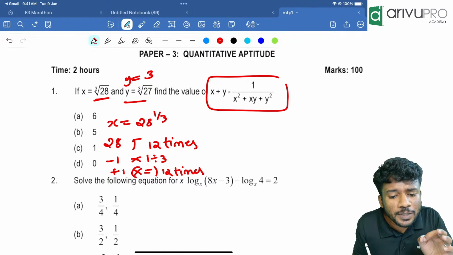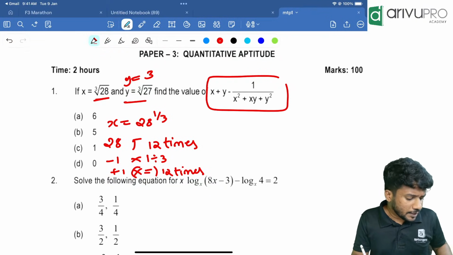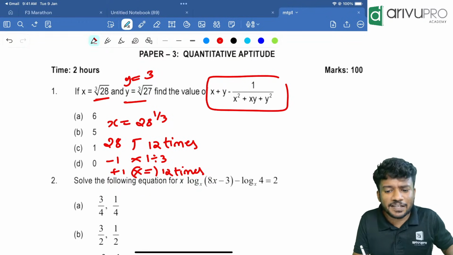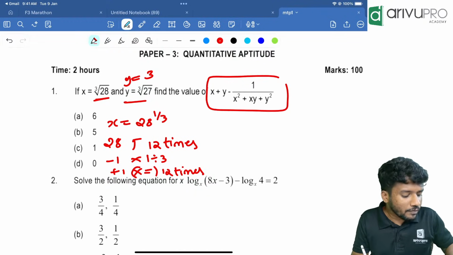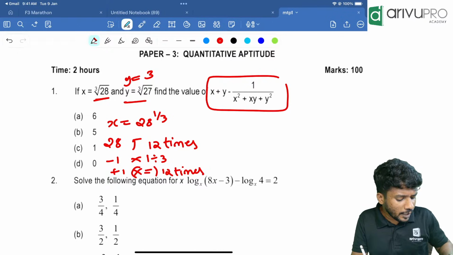When you click into equal to 12 times, you will get it. I'll take the calculator: 28, click root, how many times? 12 times. 1, 2, 3, 4, 5, 6, 7, 8, 9, 10, 11, 12. Then minus 1. Multiply it with 1 divided by 3, then plus 1.